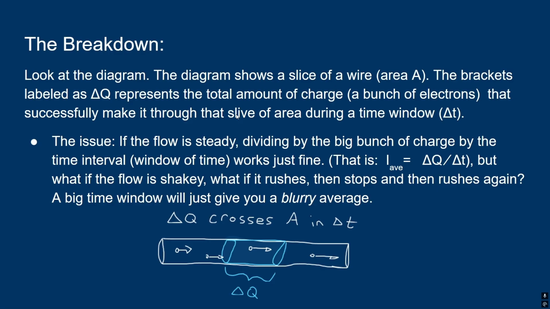The issue is, if the flow is steady, dividing the big bunch of charge by the time interval, the window of time, works just fine. That is I average equals delta Q over delta T, like we talked about. But what if the flow is shaky? What if it rushes and stops and rushes again and stops? A big time window will just give you a blurry average.